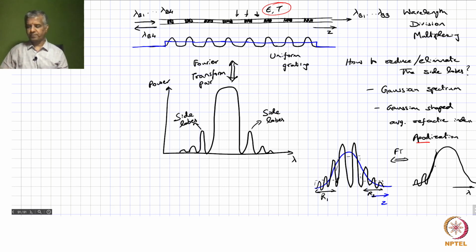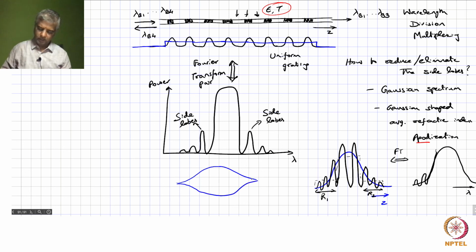So the apodization typically produces these spectral features on the lower wavelength side, which you can of course remove by going to a refractive index change that looks more like this, right.